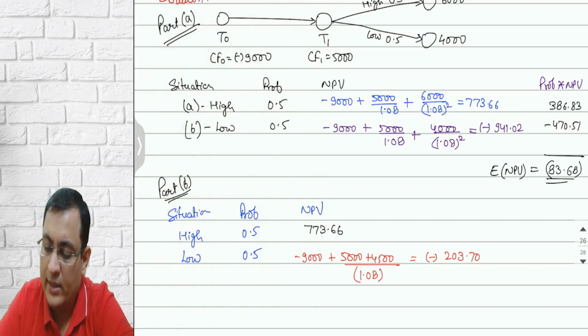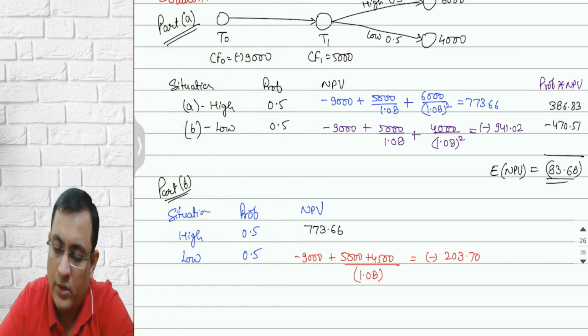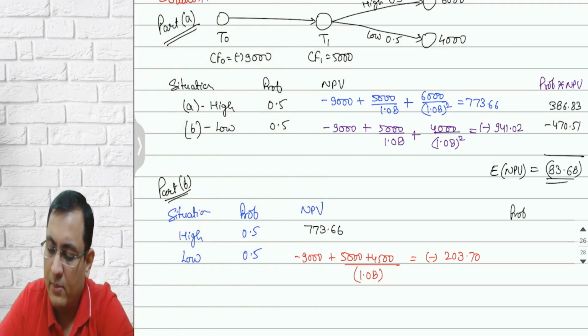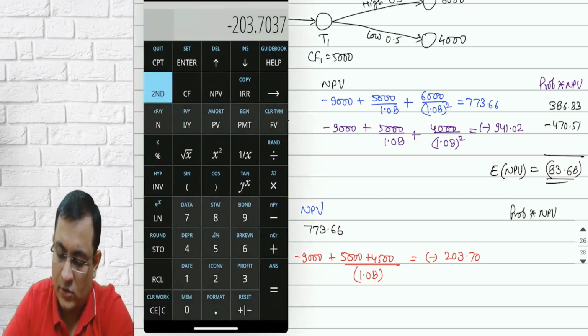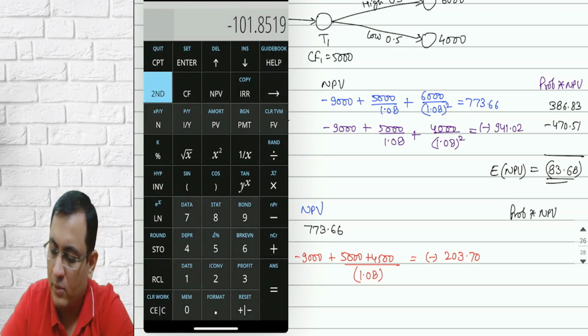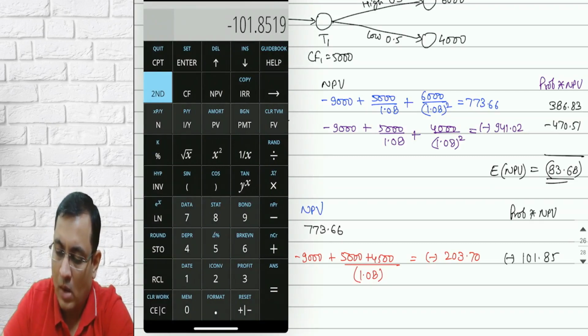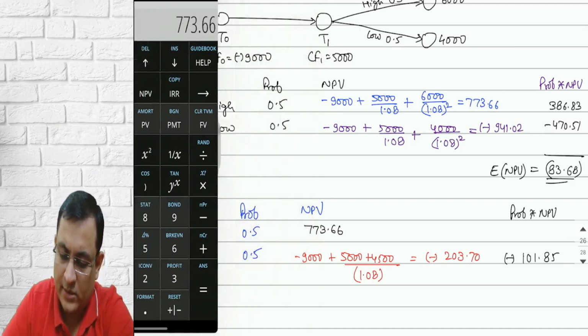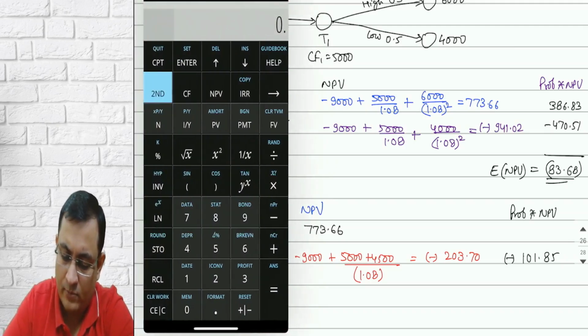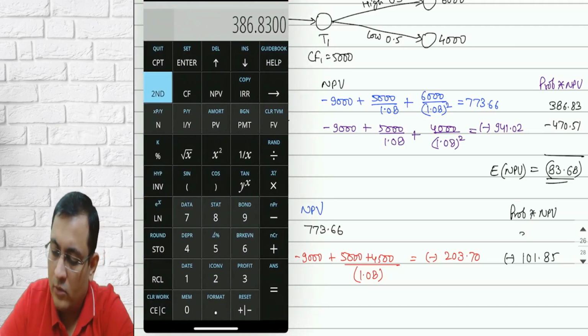Now let's calculate the expected NPV. The expected value is probability multiplied by NPV. So 0.5 is the probability, times negative 203.70 gives negative 101.85. And 773.66 times 0.5 gives 386.83.